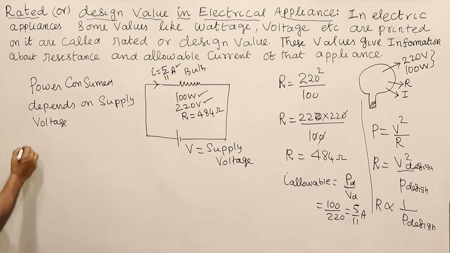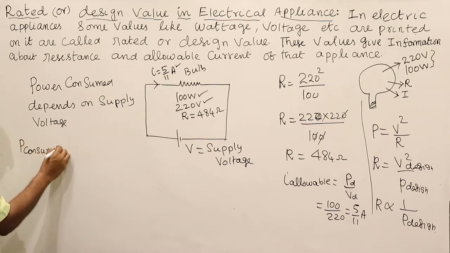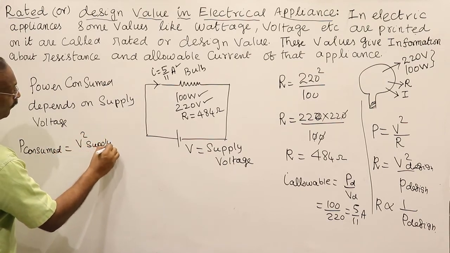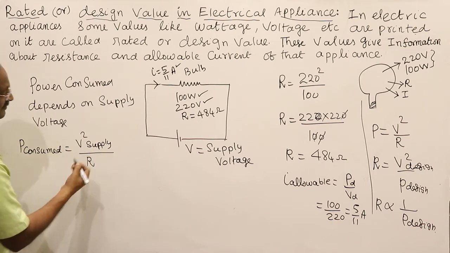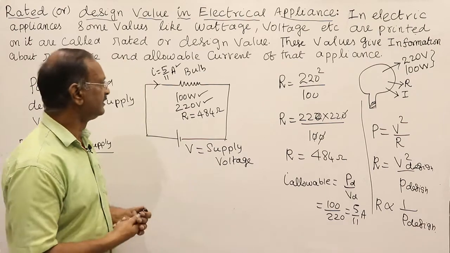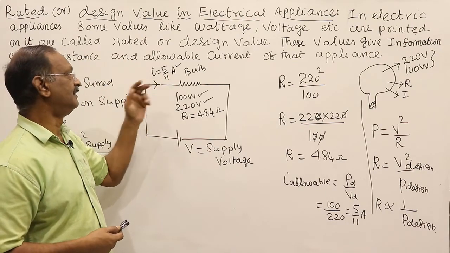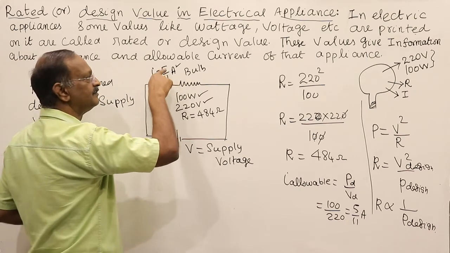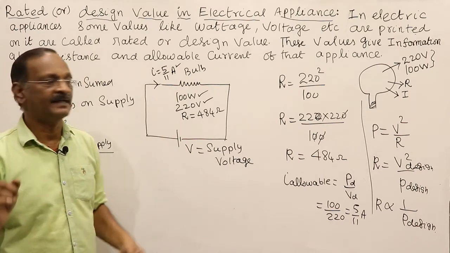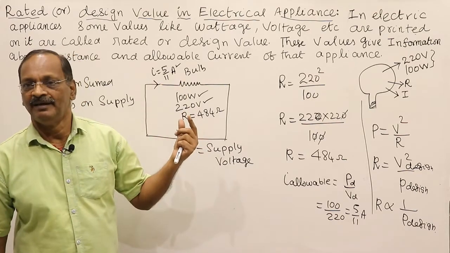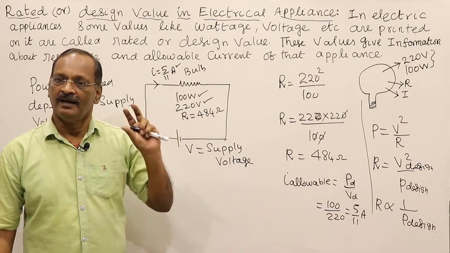So power consumed is equal to V supply square divided by the resistance. It can allow the allowable current of 5 by 11; if the current passing through this appliance is more than 5 by 11 ampere, then it will break down. So only up to 5 by 11 ampere can be allowed through it.